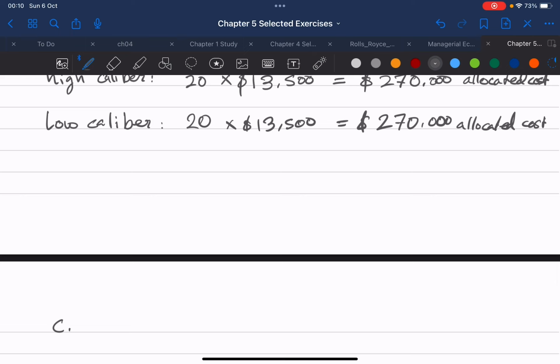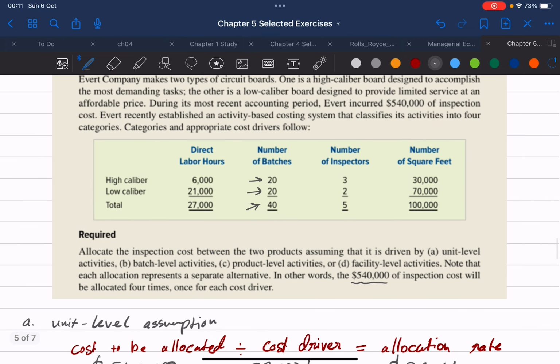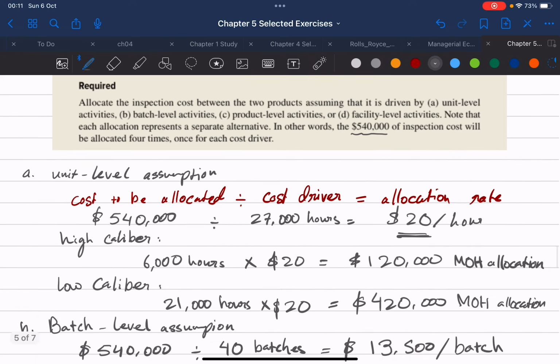Now C, we're doing product level assumption. All right, let's see what's the cost driver for product level assumption here. We have number of inspections. We're going to be using this column right here. Total number of inspections is 5, so we're going to use it in our first formula.